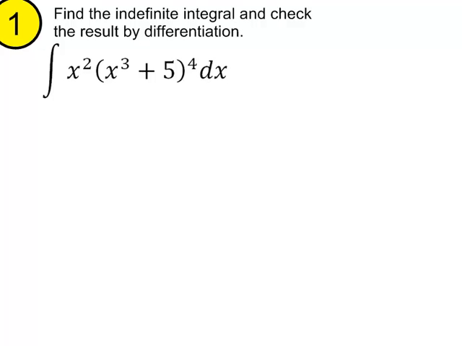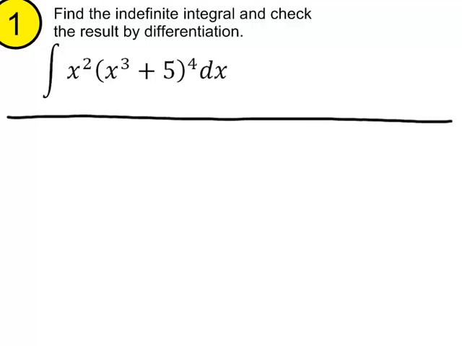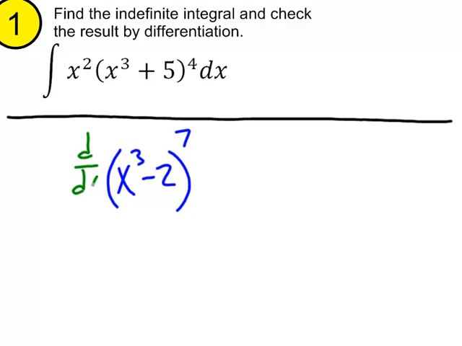Now, before we do this indefinite integral problem, or this anti-deriving problem, let's first remind ourselves exactly how the chain rule works for deriving. Let's say we had x cubed minus 2 to the 7th power, and we want to not anti-derive, but derive that.